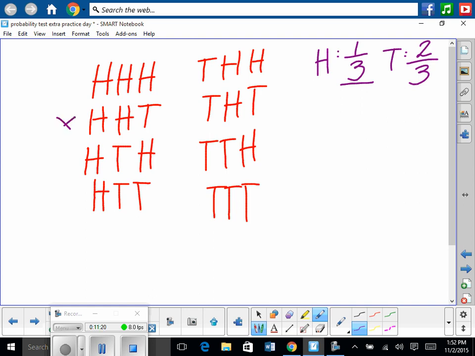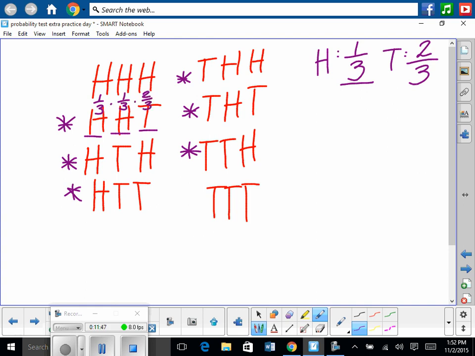Okay. So now it says, what's the probability of landing on a heads and a tails? So we know that happens right there, right there, right there, right there, right there, and right there, right? So now we need to know the probability of landing on a heads, a heads, and a tails. Well, don't you find that by multiplying the individual probabilities? Yeah. So it would be 1/3 times 1/3 times 2/3.